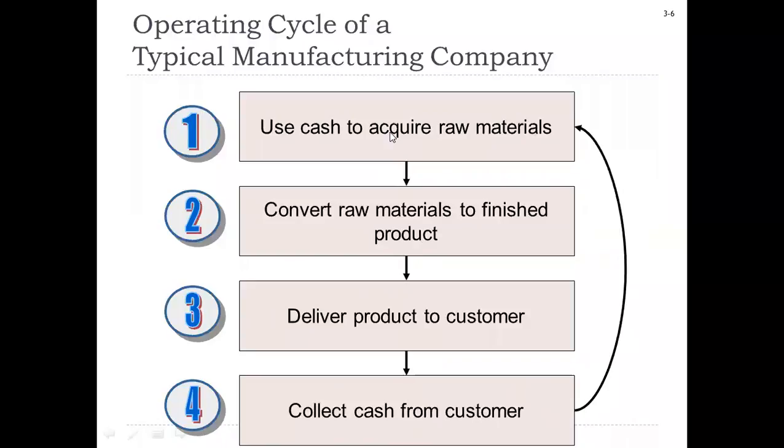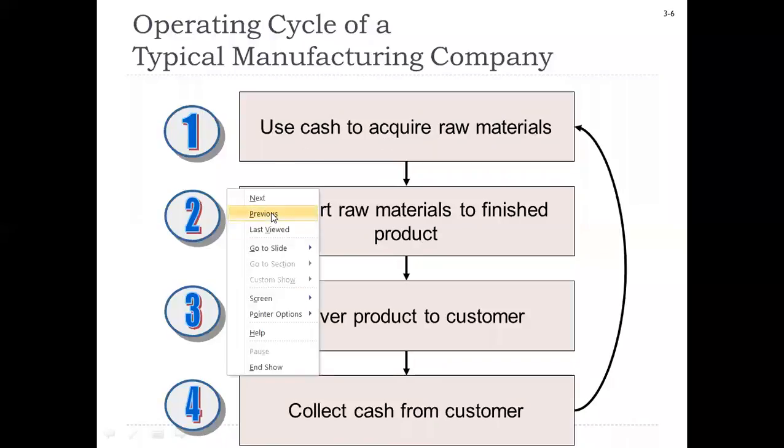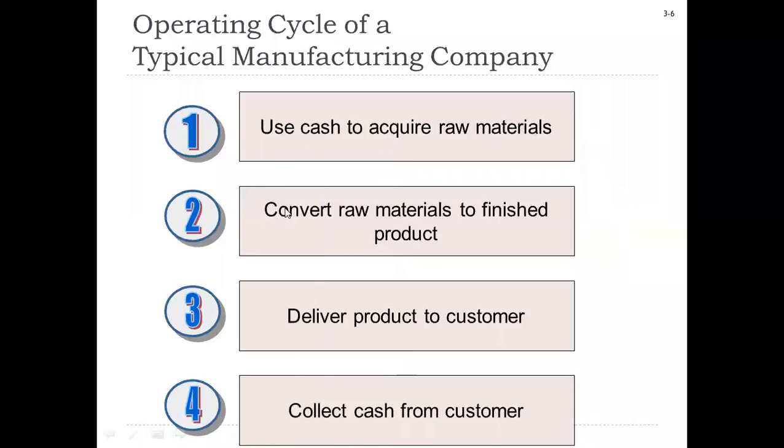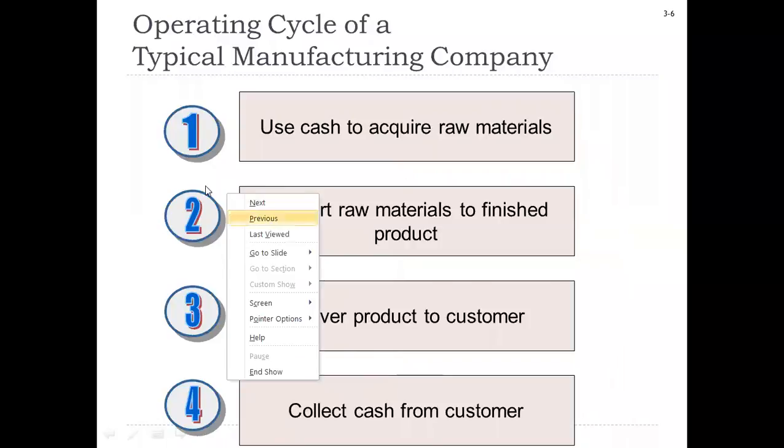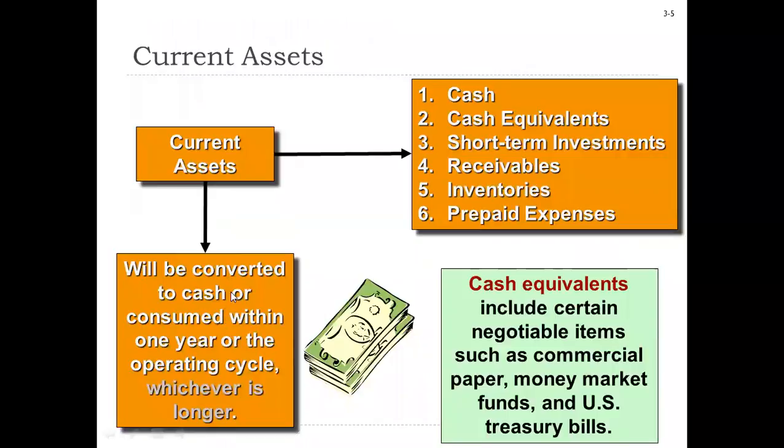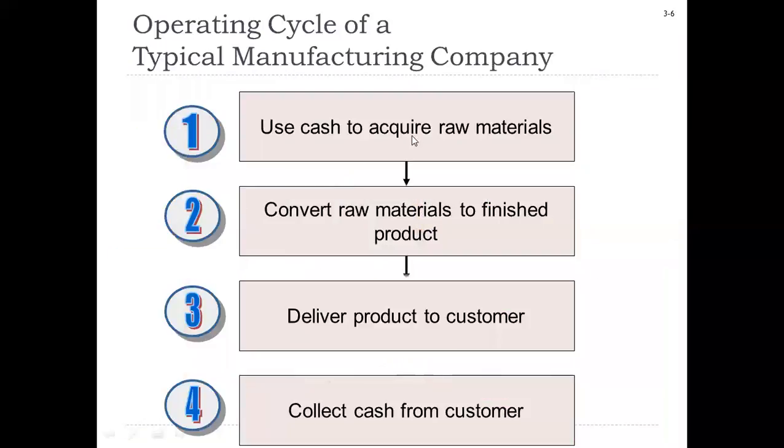So remember our previous definition of current: converted to cash or used up within a year, or operating cycle, whichever is longer. So in almost all cases, this process here takes less than a year. So we consider current to be 1 year.